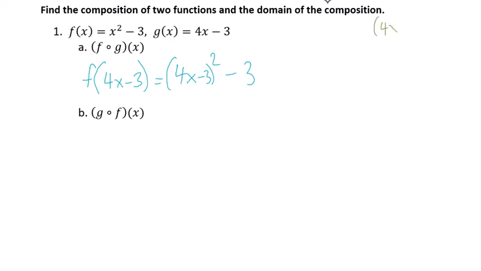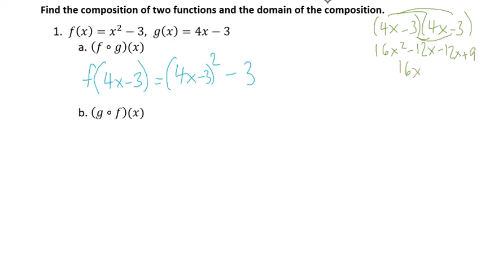So (4x minus 3) times (4x minus 3). Distributive property, you get 16x squared minus 12x. Inside, outside, inside and last, you get minus 12x plus 9.